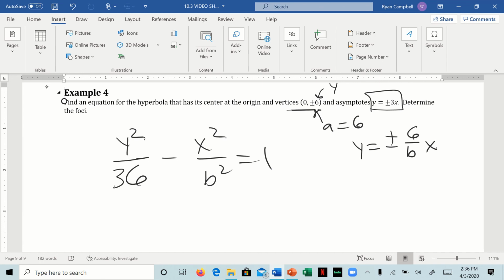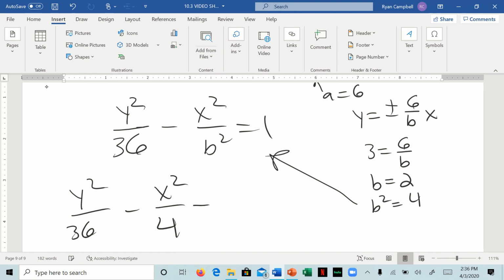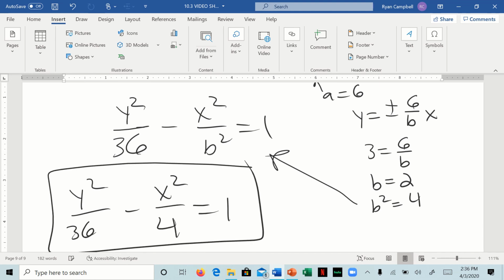Since it also equals plus or minus 3x, we can see that 3 is 6 over b, which of course means that b is 2. Which means b squared is 4. Plug it in. y squared over 36 minus x squared over 4 is 1. And we got it.